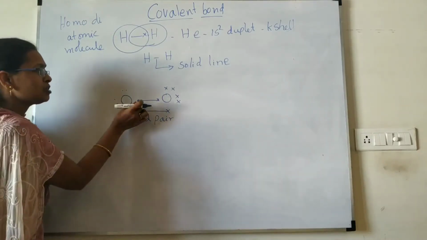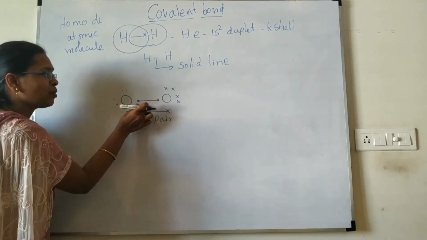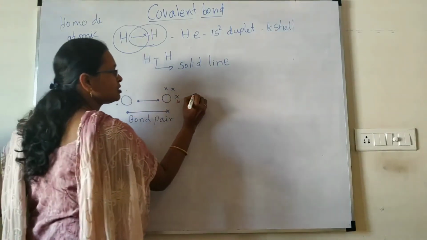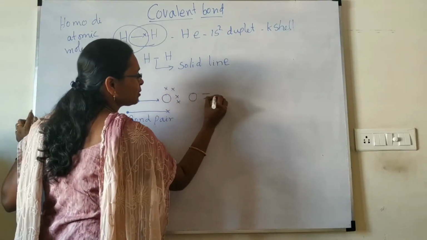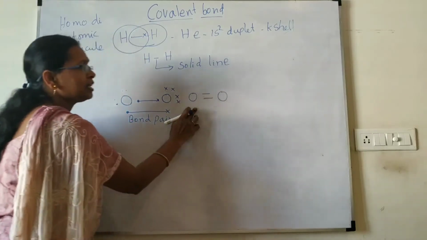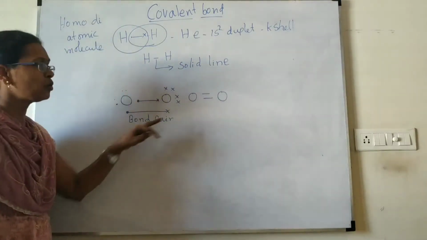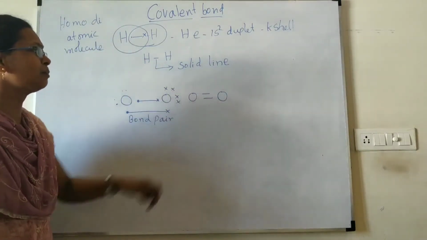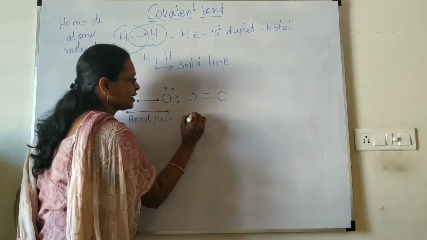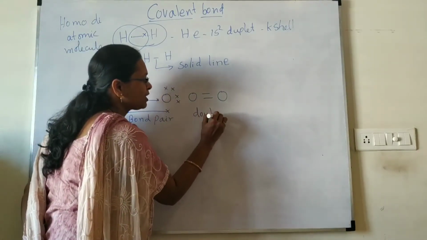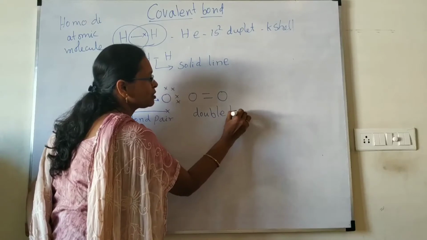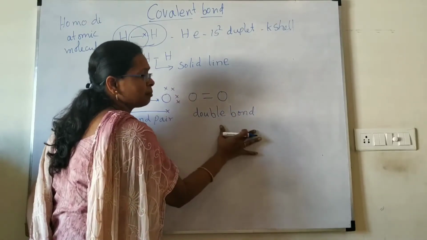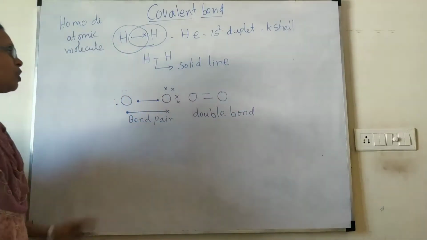Because these 2 electron pairs are involved in bonding, oxygen will form multiple bonds, that is O double bond O. Multiple bonds means double bond and triple bond. This is a double bond. Okay, so this is about the oxygen atom.